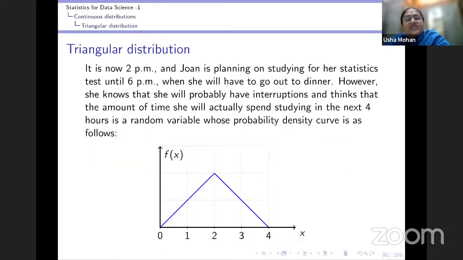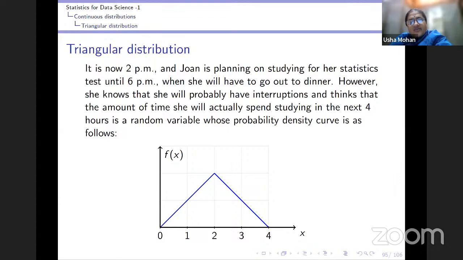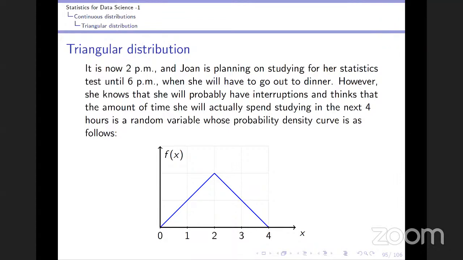What is the height of this curve at 2? What is the total area under this curve? 1. What would be the height of this curve? It must be 1/2.